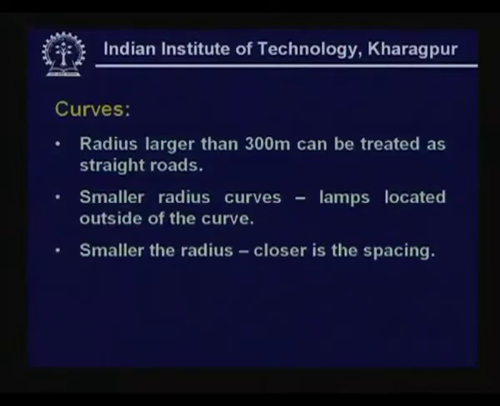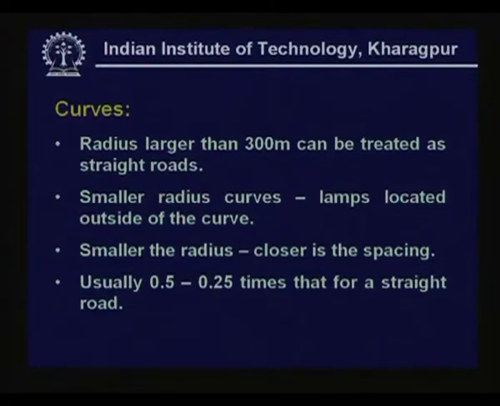So, this is another area. Just as we try to increase the luminance at a junction, we also try to increase it at the curve. In fact, the spacing is reduced to as low as 0.25, 0.5 to 0.25 times that for a straight road.